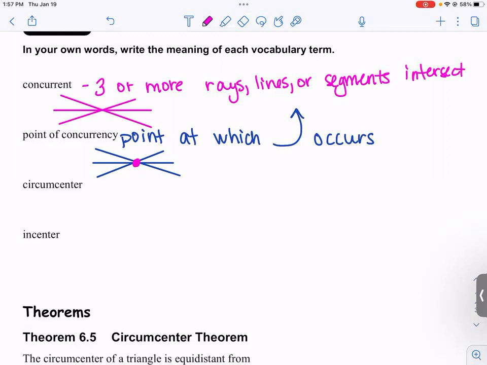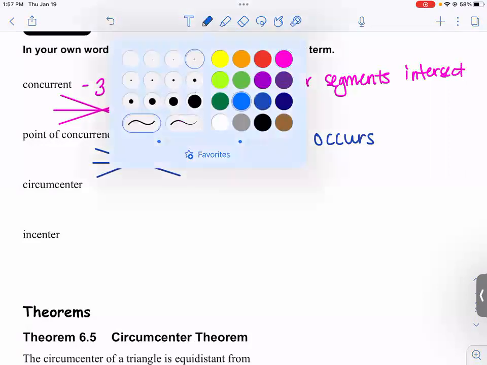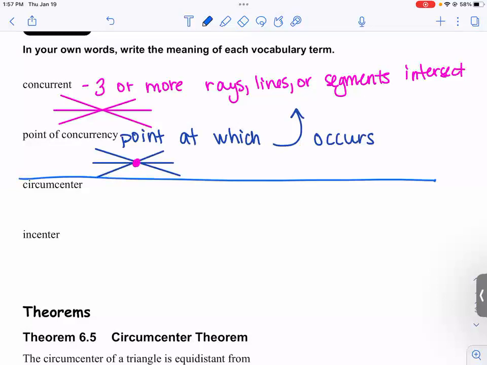So today and tomorrow we are going to talk about special points of concurrency. There are 4 different ones that we are going to talk about, 2 today and 2 tomorrow.